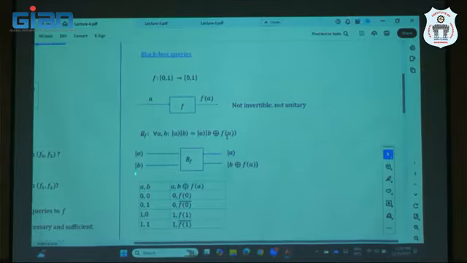Suppose I have 2 strings A and B, 2 possibilities among the 4 possibilities. I have to show that for any 2 possibilities, the output should be different. If I show that for any 2 possibilities the output is different, that means it is a 1 to 1 function. Agreed? Yes or no?